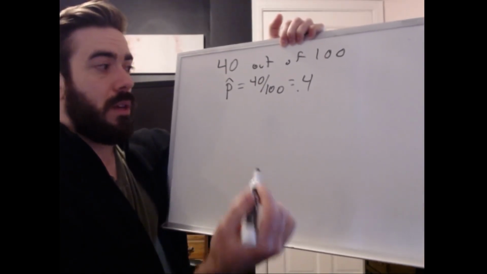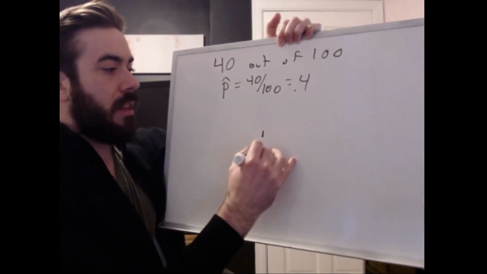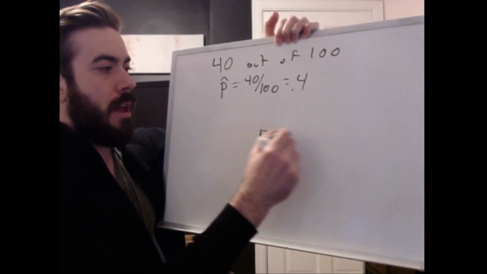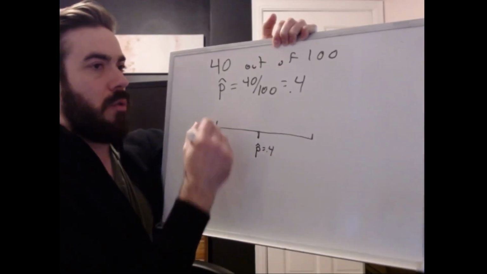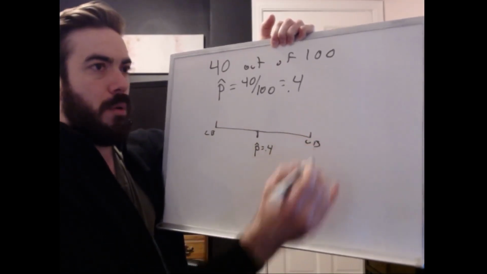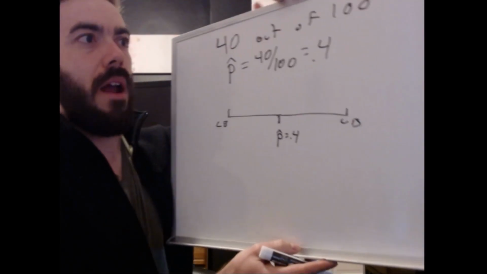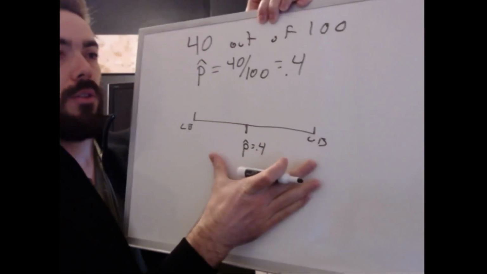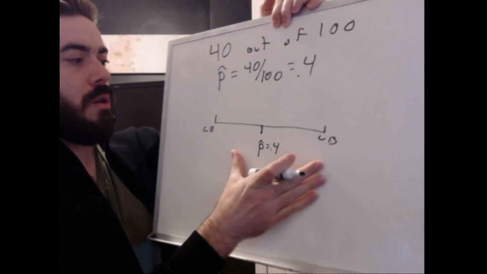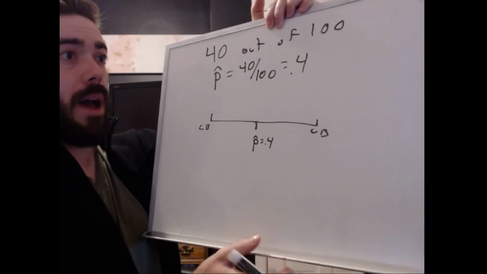So what we want to do with a confidence interval is take that sample proportion of 0.4 and build a range around it, come up with a lower and upper bound, where we could say with 95% certainty that the true population proportion is somewhere in this range. Right? Well, how do we find that lower and upper bound?